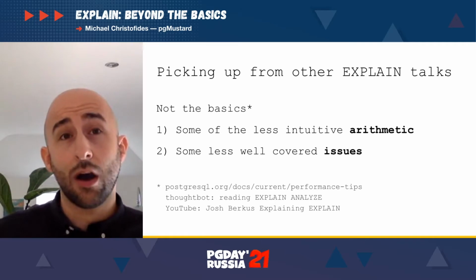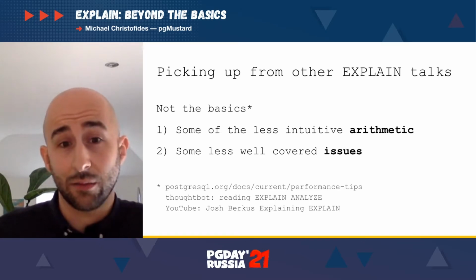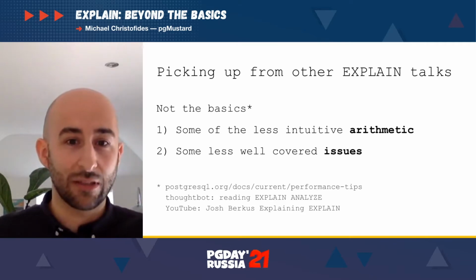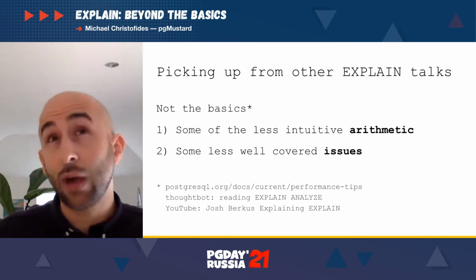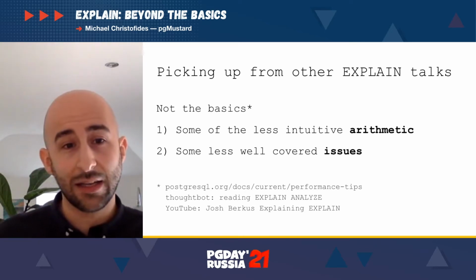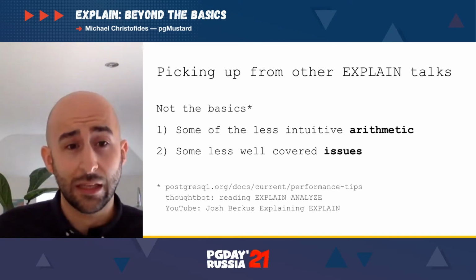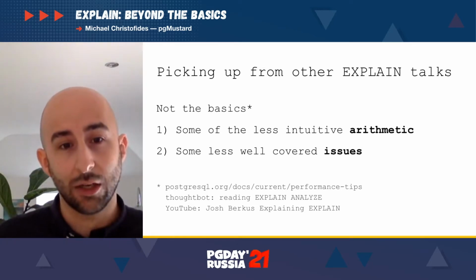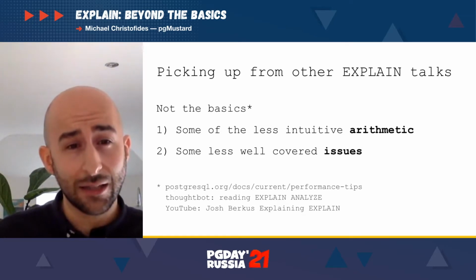If you are interested in the basics, then my recommendations are, as always, the Postgres documentation. The guide's really good. It gives quite a brief introduction to Explain and then Explain Analyze. For a bit more information, I thought the ThoughtBot blog was really good. There's a post that they've kept up to date called Reading Explain Analyze.